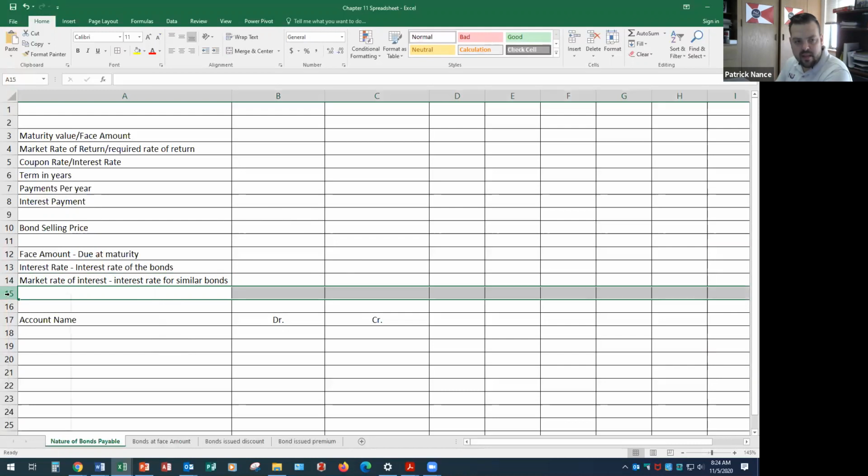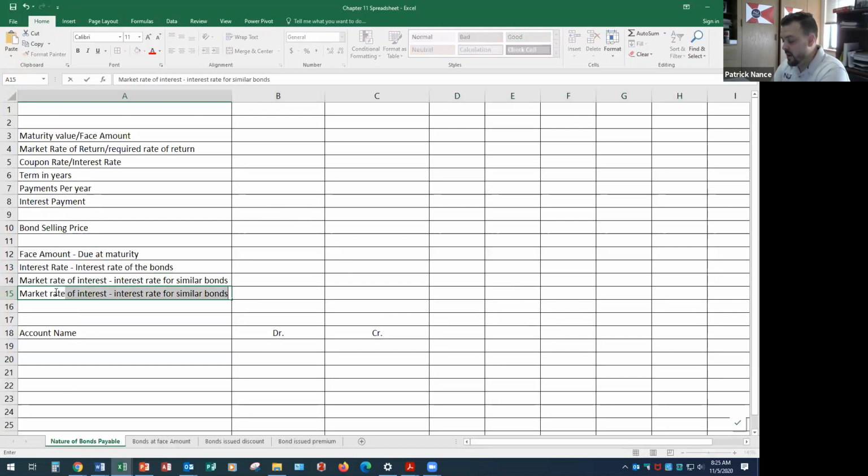So an important point to make here is that if the market rate is higher than the contract rate, then it will be sold at a discount. And a discount means less than the face value.